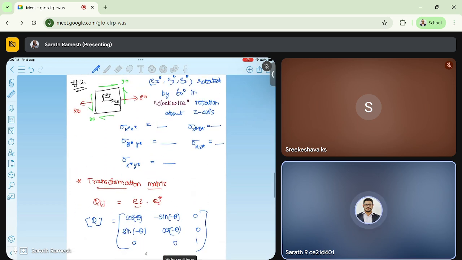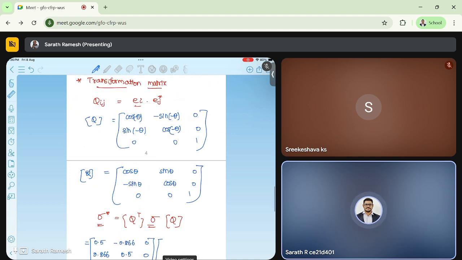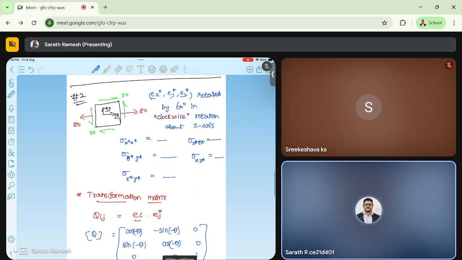Sigma is, what is sigma here in this question? First, we have to note it down. Sigma xx was 80. And is there any xy? Okay, xy is plus 30 or minus 30. On the positive plane, plus 30. Yes, it's pointing upwards, so correct. It's plus 30 and here also 30.